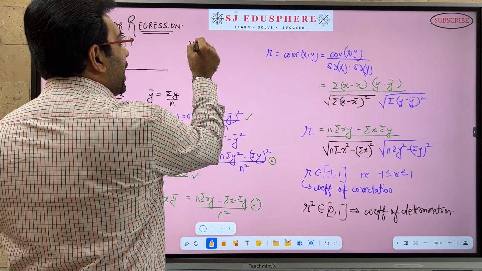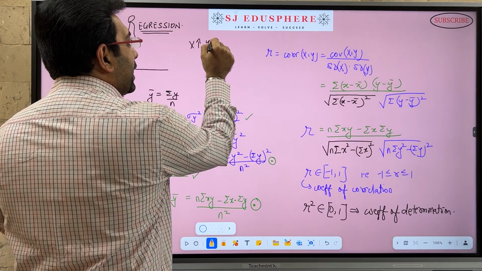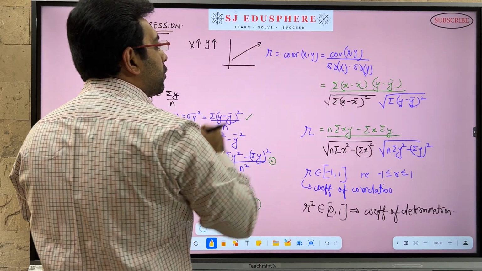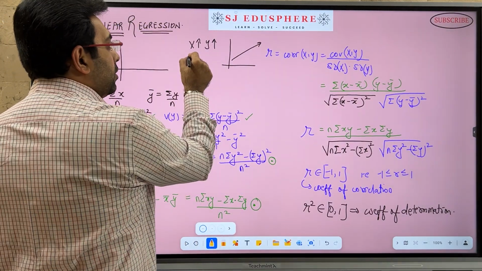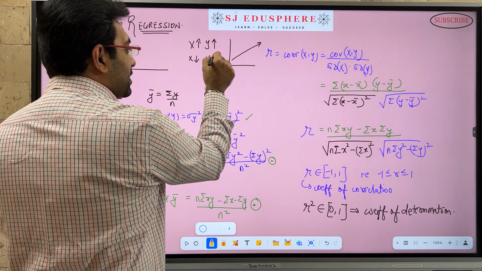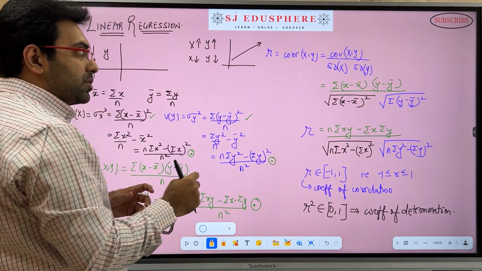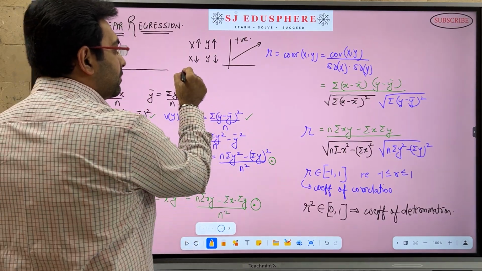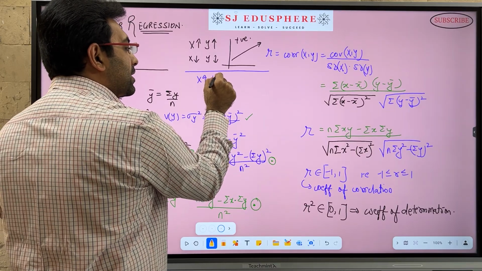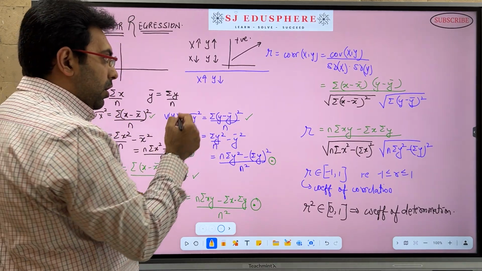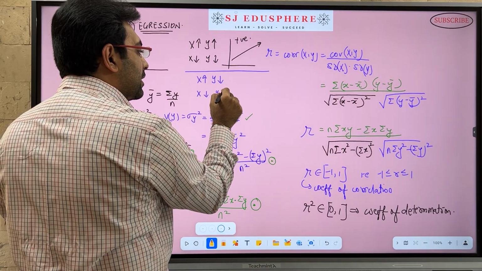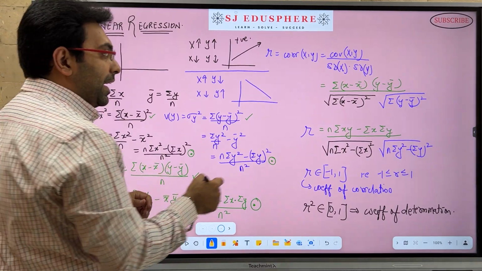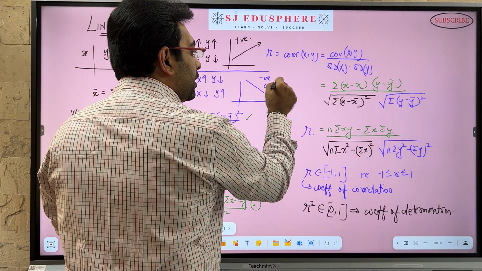If x increases and y also increases in the same direction, that means your graph is going from bottom left to top right, or with decrease of x there is decrease of y, same direction, we call it positive correlation. Similarly, if with the increase of x there is decrease in y, or with the decrease in x there is increase in y, your graph going from top left to bottom right, this is your negative correlation.